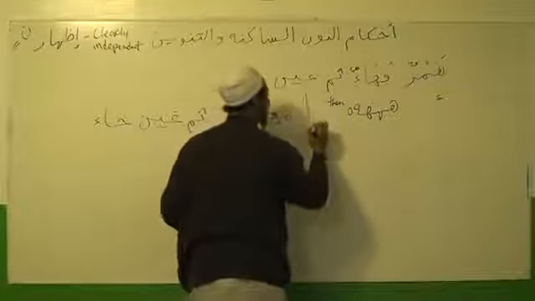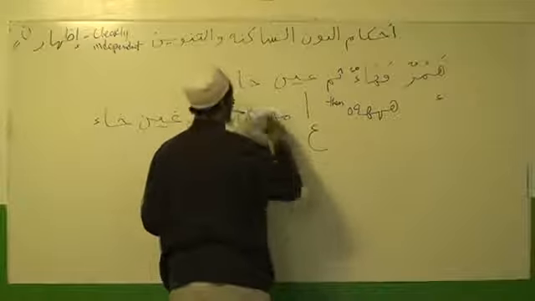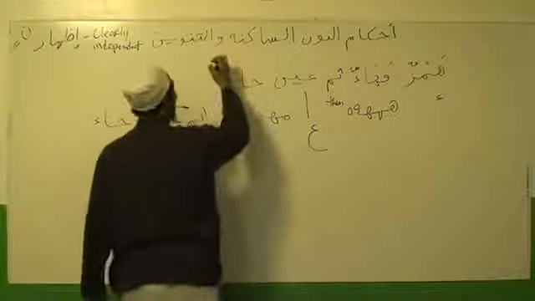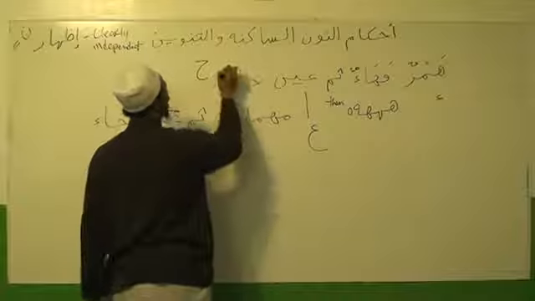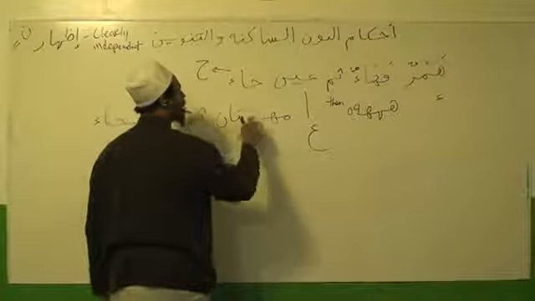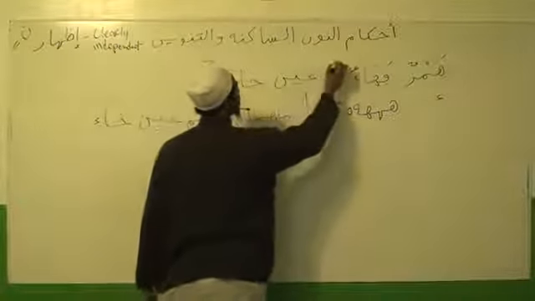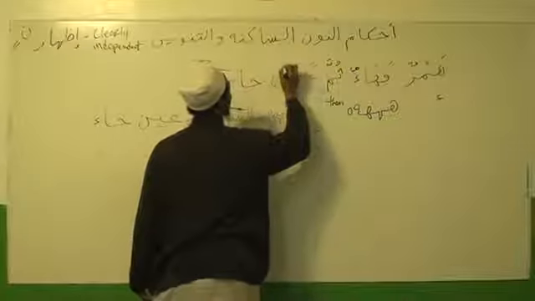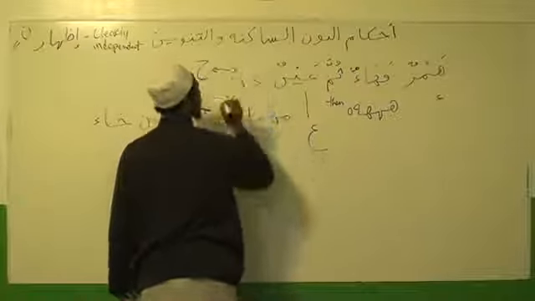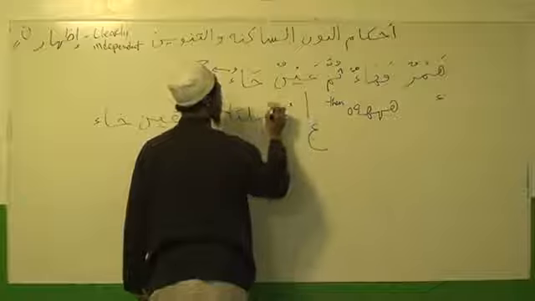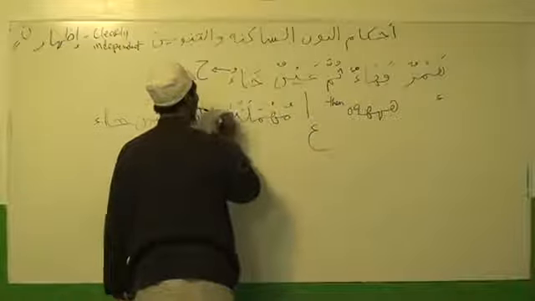Aynun. Ayn is like this. Aynun, ha'u. Ha is exactly like that. That's ha'un. Muhmalatani. Thumma, it goes thumma, aynun, ha'u. Muhmalatani.